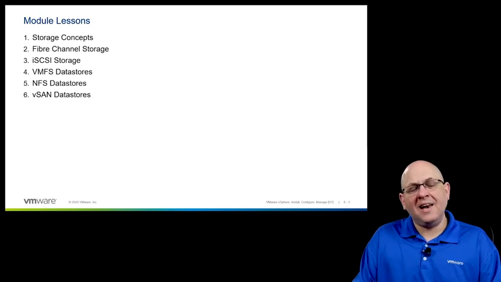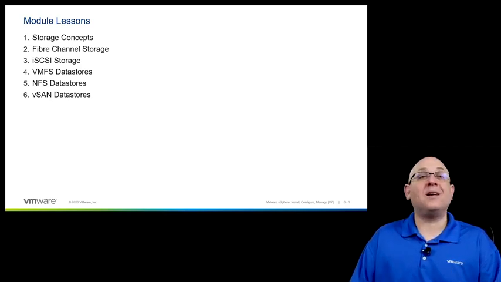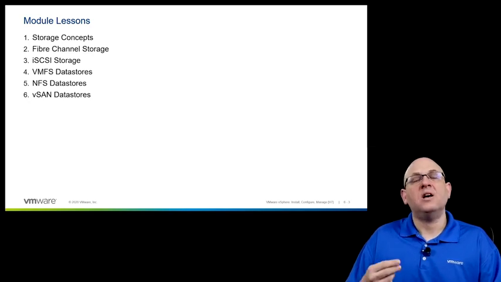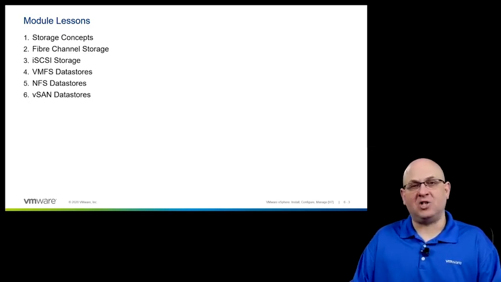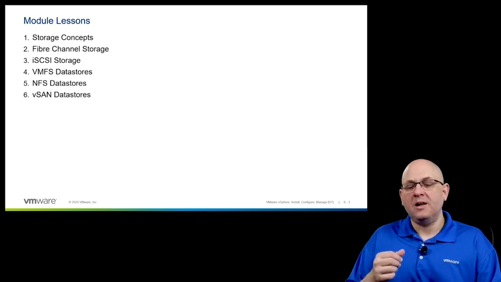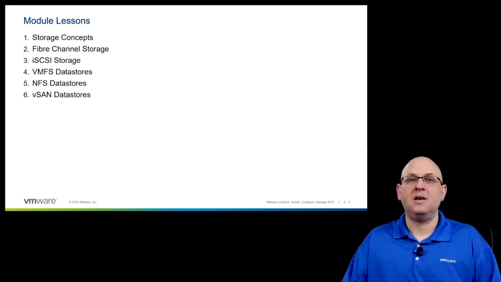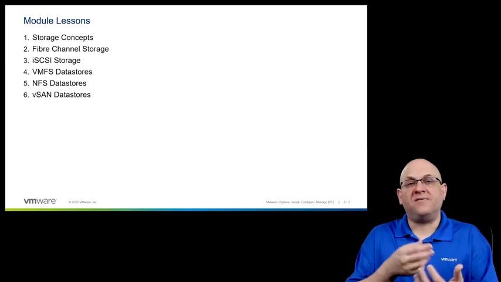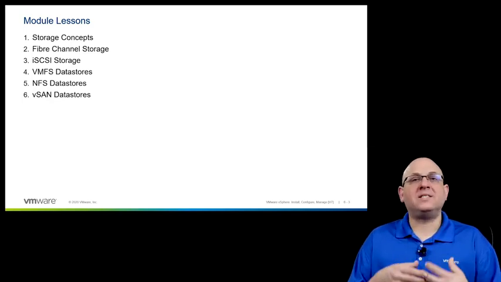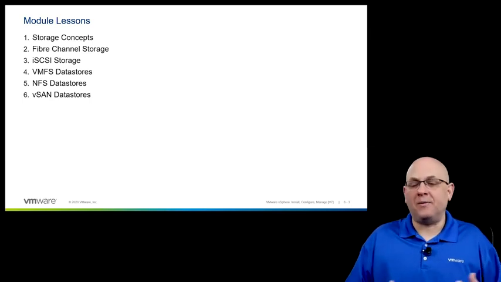So we've divided this up into 6 different lessons, primarily because there are multiple ways for us to accomplish this idea of shared storage. Okay? So the first thing that we're going to look at are basic storage concepts. That is, what are the features that I have? What's the big idea about this?